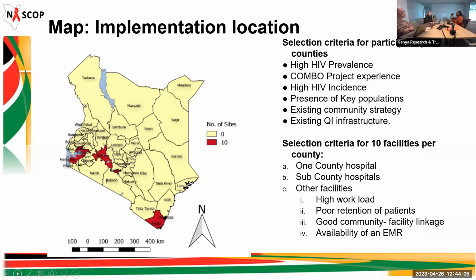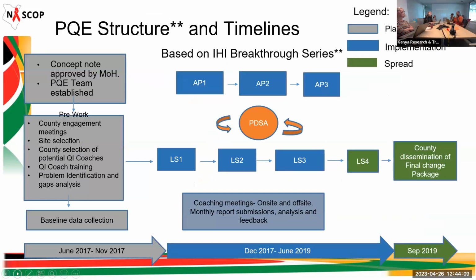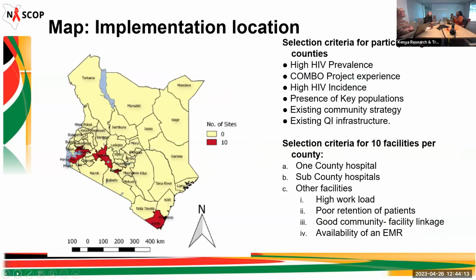So county hospitals where there was high workload. Next. Just to mention, sorry, Sarah, that again, it was interesting that the selected counties were spread across the country. So we had facilities that were within a certain region. So the Nairobi, Nakuru region, and those that were in the coast, and those that were within the lakeside region.